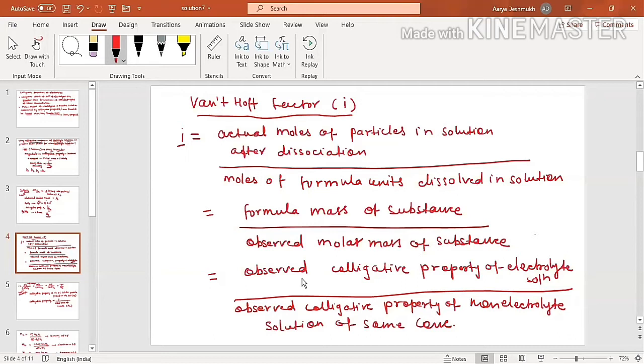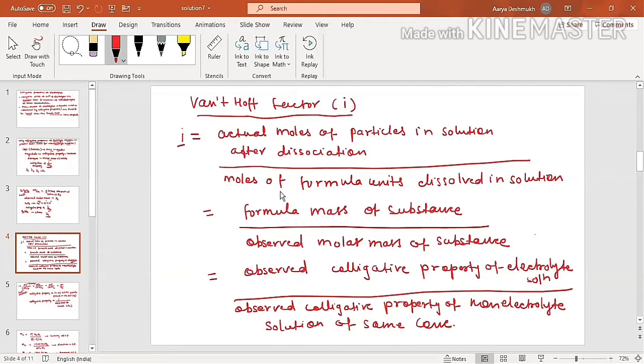So it is dependent on the number of ions produced when it is dissolved in water, and it is divided by the observed colligative property of non-electrolyte solution of the same concentration. So the ratio of this is called the Van't Hoff factor.